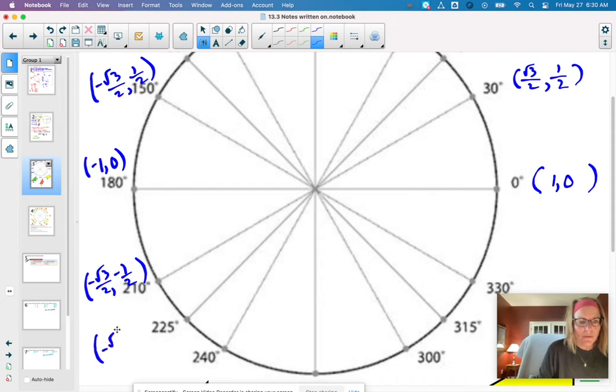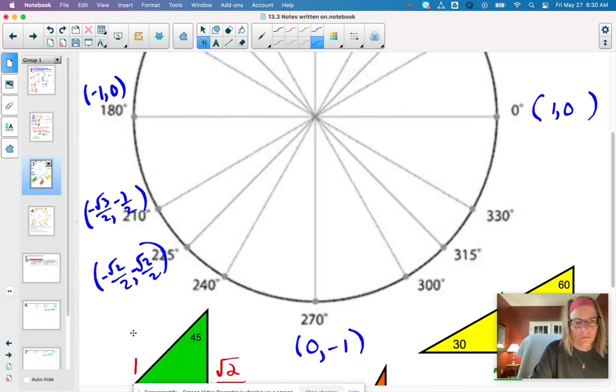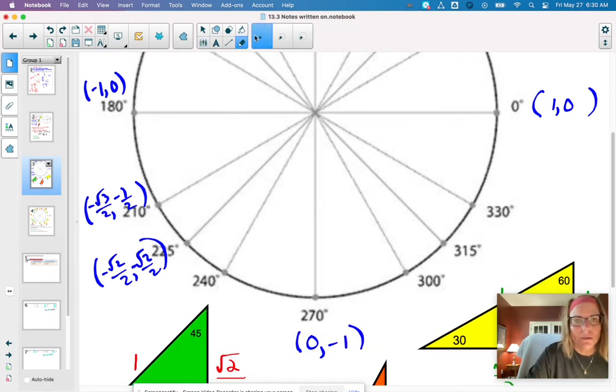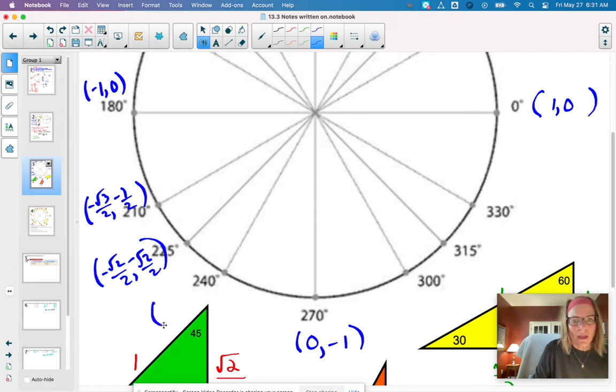We're going to go to the left root 2 over 2 and down root 2 over 2. I want to make sure that that sticks out as a negative here. There we go. And on this one, we're going to go to the left 1/2 and down root 3 over 2.